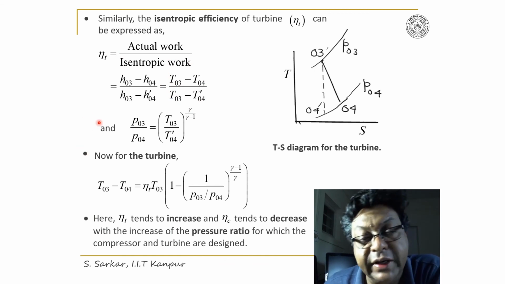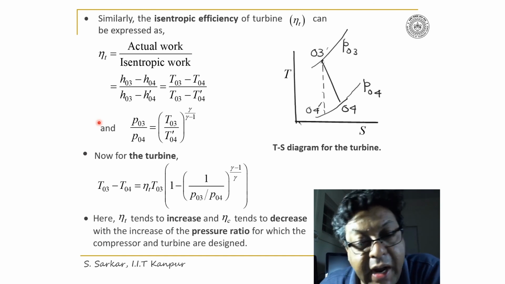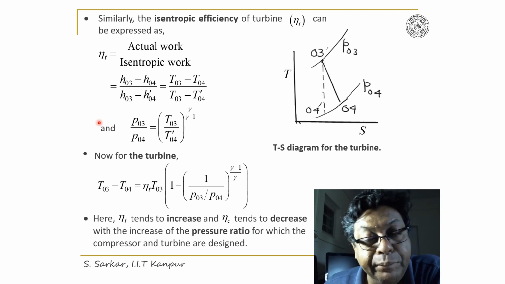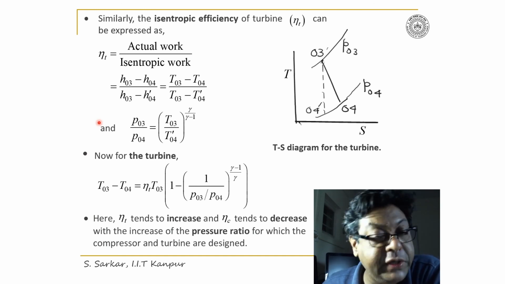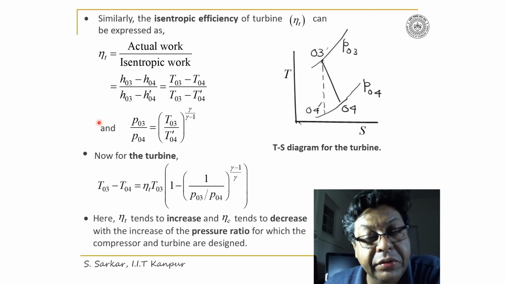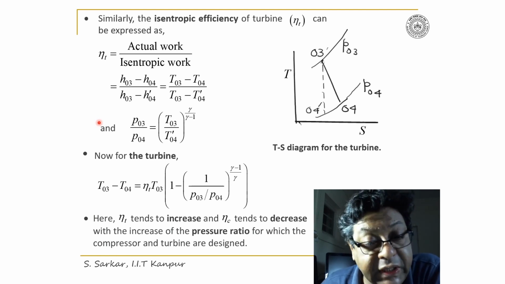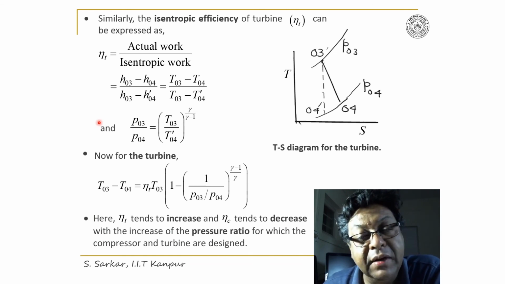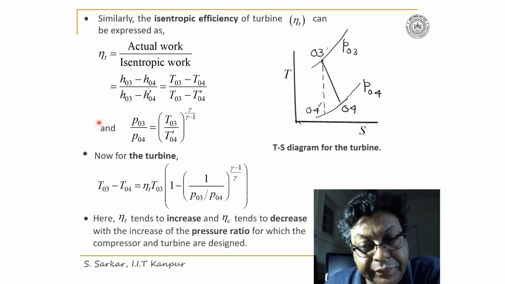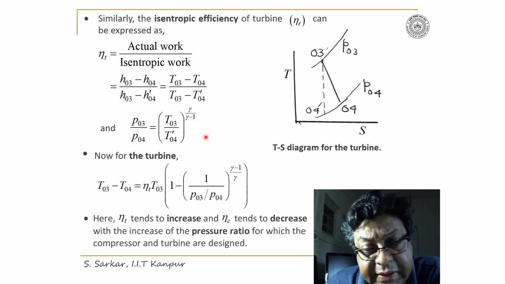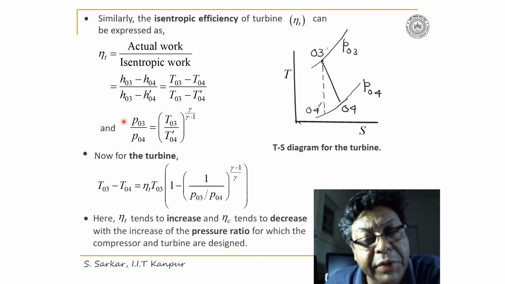Further, using the isentropic relation, I can write P03 divided by P04 is equal to T03 divided by T04 dash to the power gamma by gamma minus 1. So this tells you the pressure ratio.